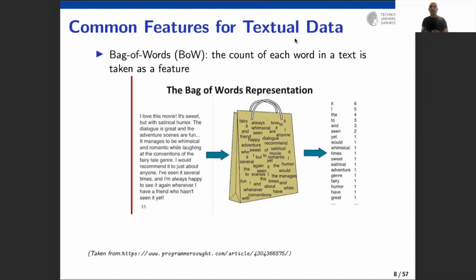So usually the bag of words works like this. You look at the words that you have in a text, and you count how often you see each word in the text.